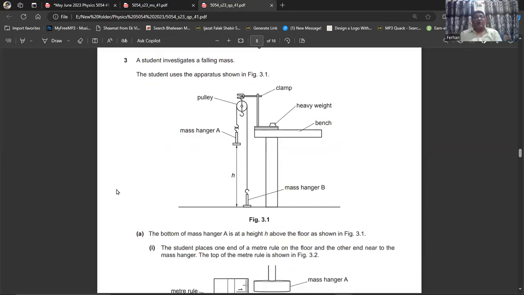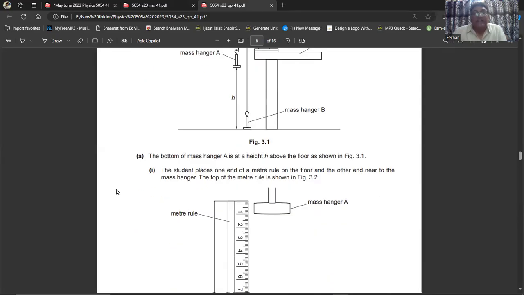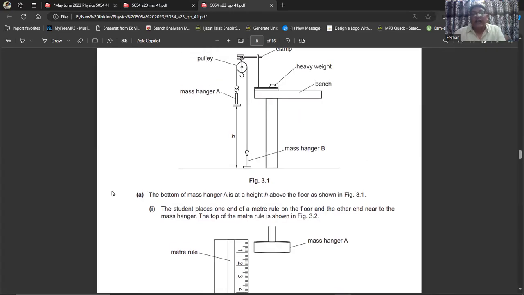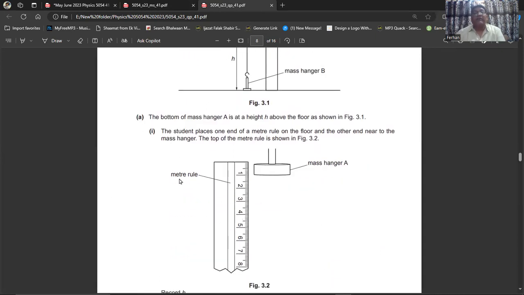He says the bottom of the mass hanger A is at a height small h above the floor, as shown in figure 3.1. The student places one end of a meter rule on the floor and the other end near to the mass hanger. The top of the meter rule is shown in figure 3.2. So here is the mass hanger, here is the meter rule.